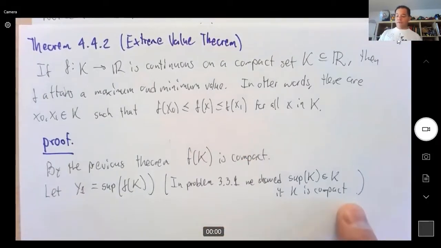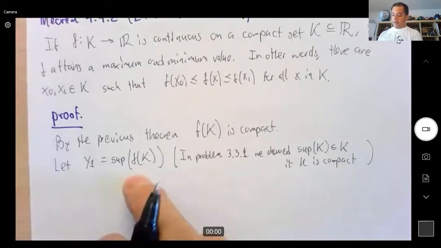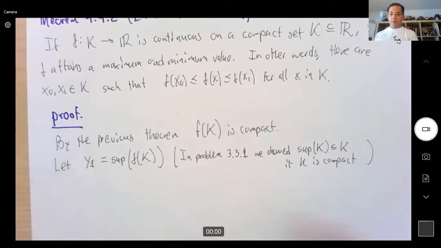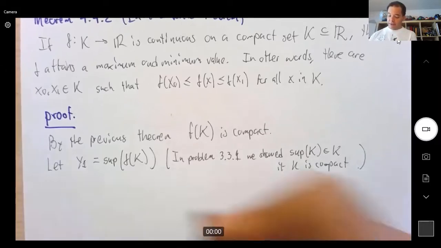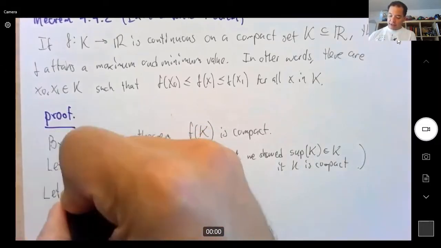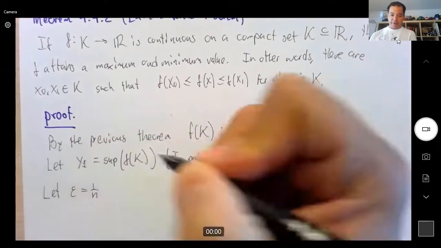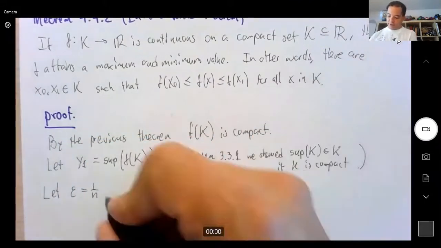But if you don't remember this problem, let's work it out anyway. It's not too hard. What is it that I need to work out? Well, the property of the supremum, right? What is the property of the supremum? The property of the supremum is that if I move a little bit to the left, then I catch one of the elements of the set, right? So let epsilon be 1 over n, for example. That's the canonical way of doing it.